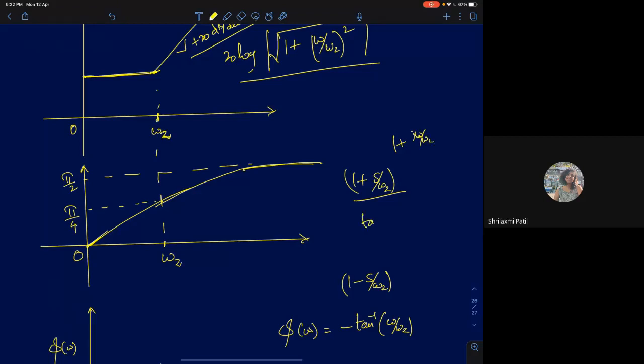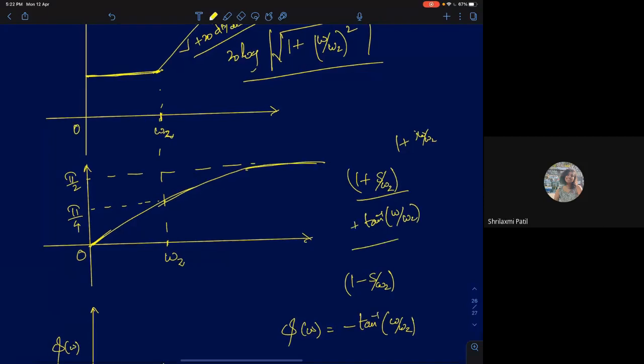It will be tan inverse of omega by omega z. So you can plot it again. We just plotted it for a right of plane pole. It will look very similar. Start from 0, it will go to a maximum value of plus pi by 2, and it will reach pi by 4 at omega z.